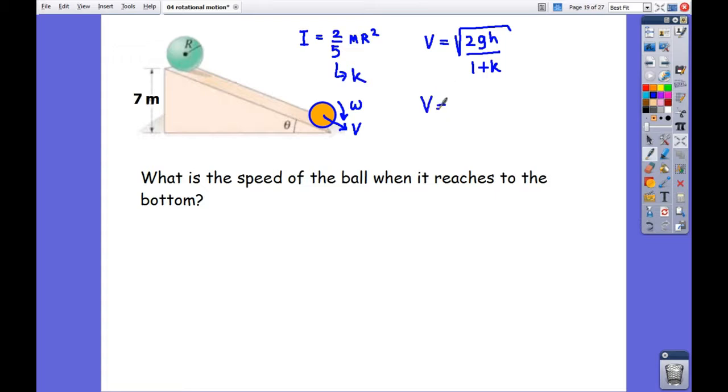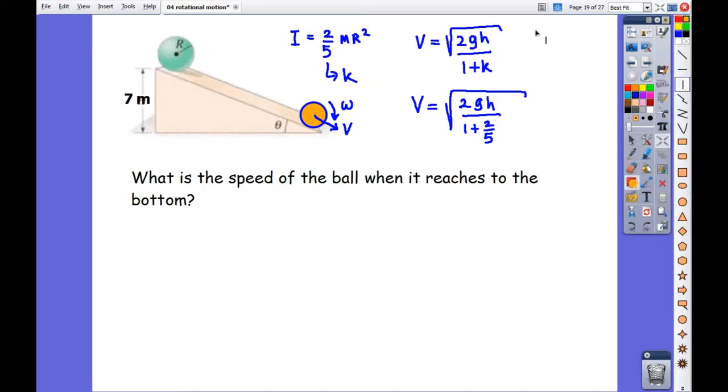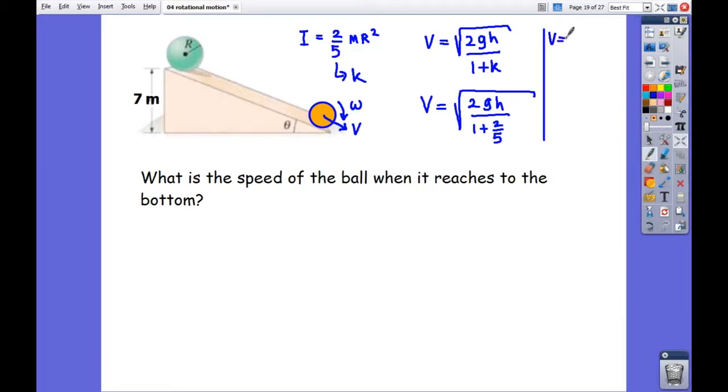So v equals the square root of 2gh over 1 plus 2/5, which is 2gh over 7/5.